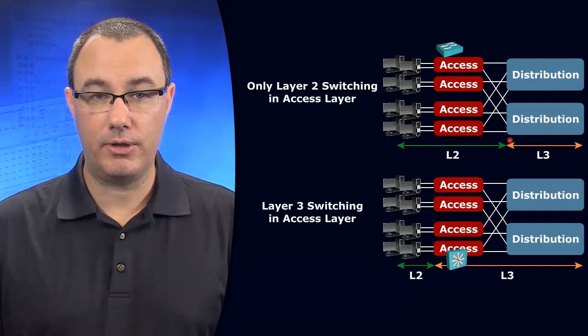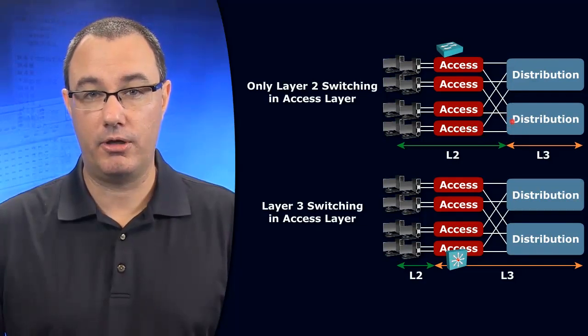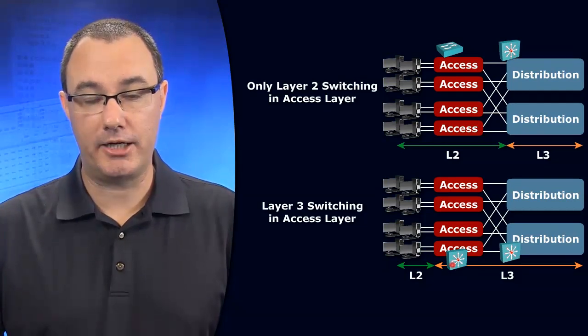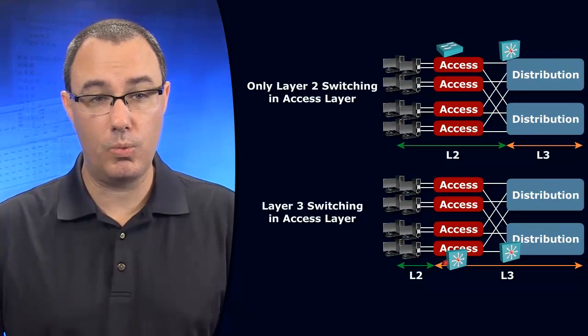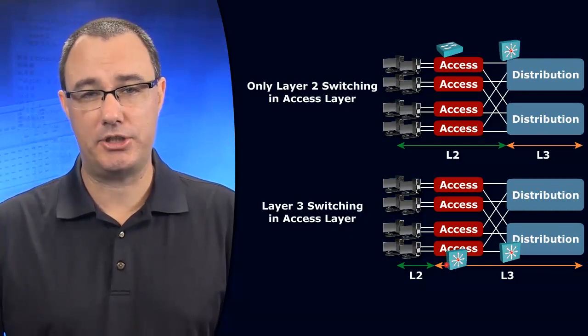The layer 3 goes there, so it basically means that the distribution layer switch here would be the default gateway. The default gateway for clients in the bottom architecture would be an access layer device. It's a really, really big change.